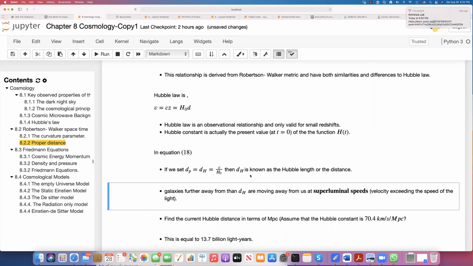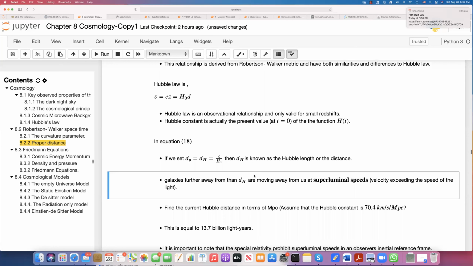Right. So I hope every one of you got the idea. You have this velocity-distance relationship, and if you set the velocity as the velocity of light and, with the current Hubble constant, calculate the distance of a galaxy that is moving away from us at the velocity of light, then that distance is known as the Hubble length.